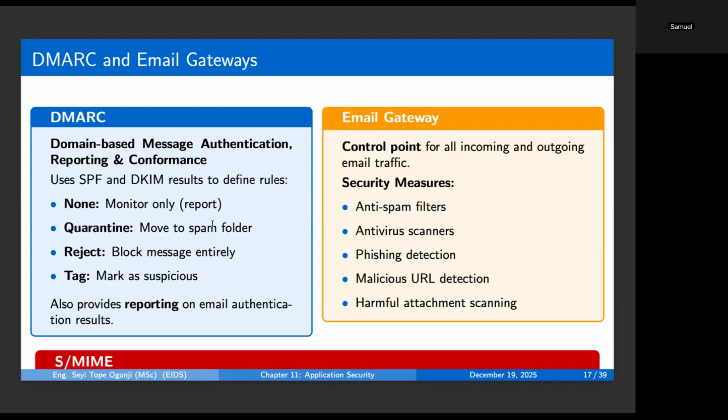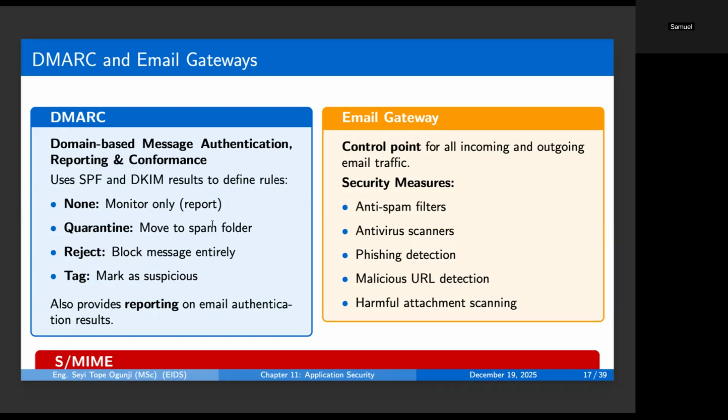And now the email gateway. So what do we have in an email gateway? As it sounds, a gateway is a gateway. An email gateway is like a security checkpoint for all emails coming in and going out. As a gateway, it implements anti-spam filters that block spam messages.